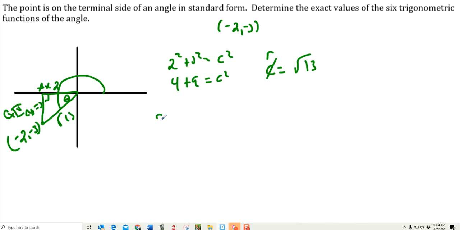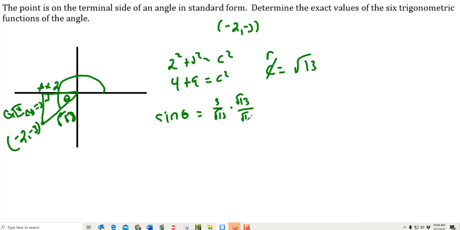And then we would go ahead and do my sine of theta is equal to 3 over root 13. I can make it a little prettier. And we practice this in class, so hopefully you can do these in your head.